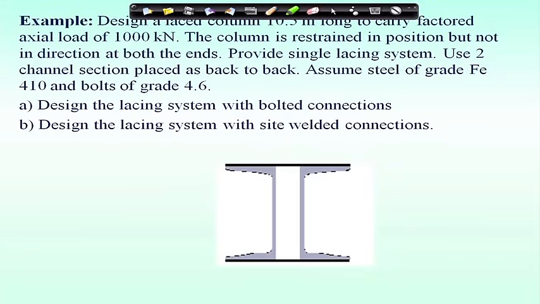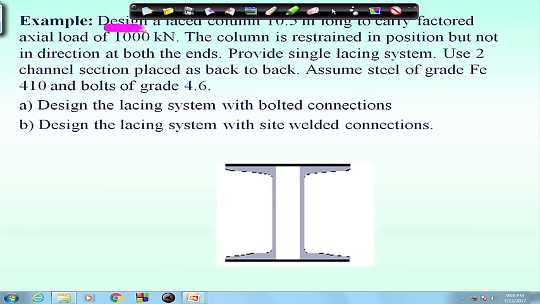So, coming to the example, design a laced column 10.5 meter long to carry a factored axial load of 1000 kilonewton. The column is restrained in position, but not in direction at both ends.